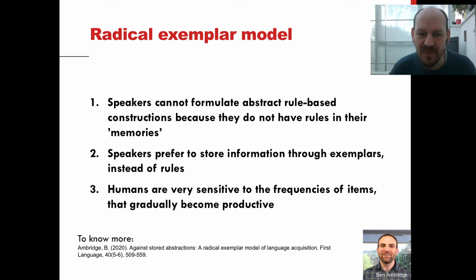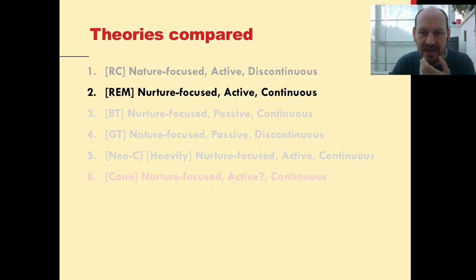I know that both theories are really complex, they are very abstract, but for now I would just suggest that you understand that rational constructivism is nature-focused, whereas the radical exemplar model is nurture-focused.